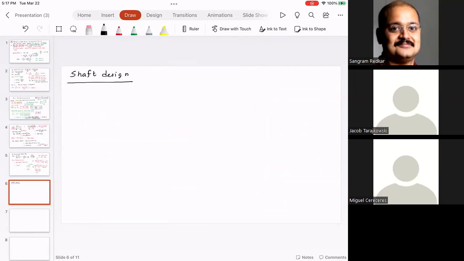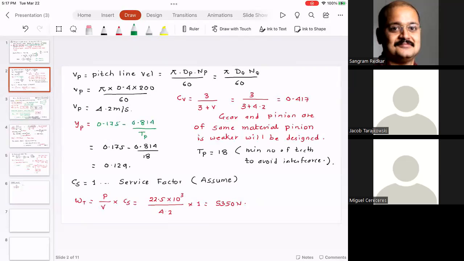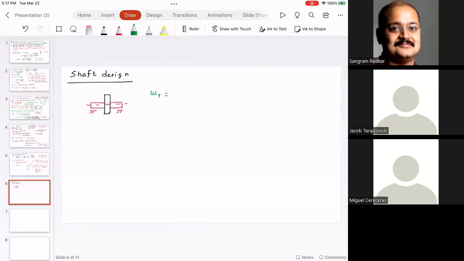Now I'm going to assume that this gear is simply supported. So we know the value of WT. The value of WT is 5350.